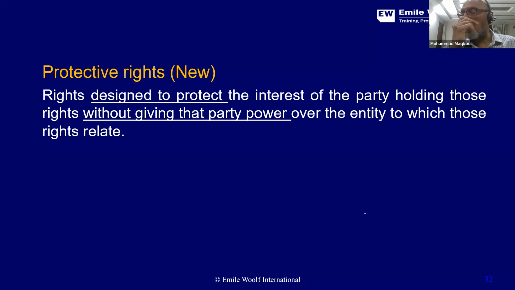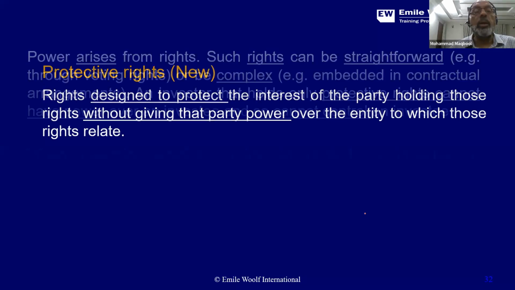If some entity has, on some point, veto power as the main vote, it doesn't mean they have control. For control, you have to prove that they have the exposure and right to variable return as well, not only the power, right? The protective right is for different reasons.